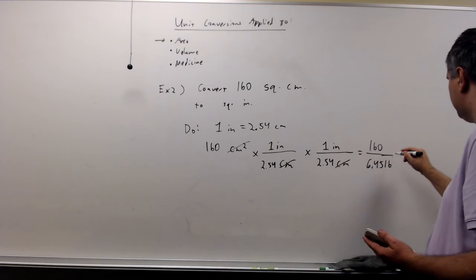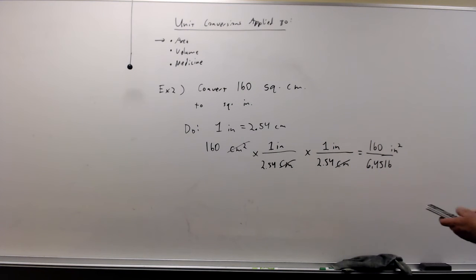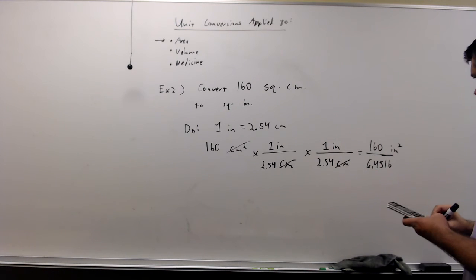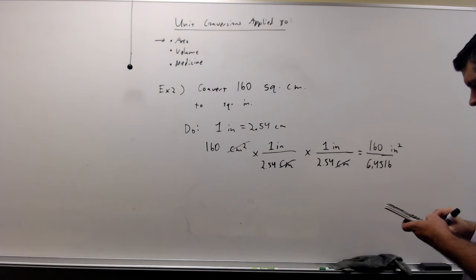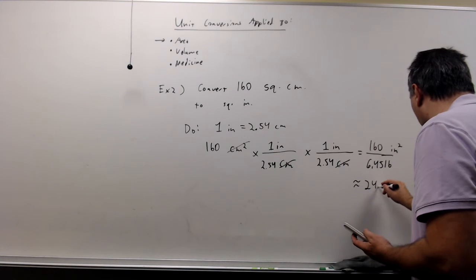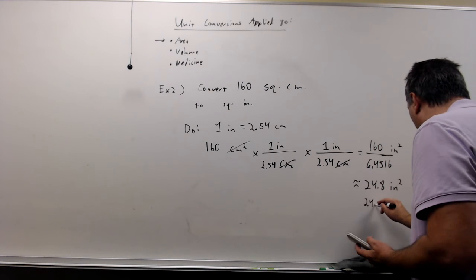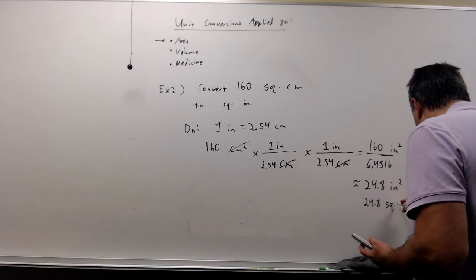Inches squared, because inches times inches is inches squared. So 160 divided by 6.4516 is approximately 24.8 inches squared, or 24.8 square inches.